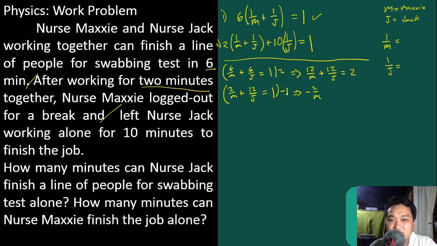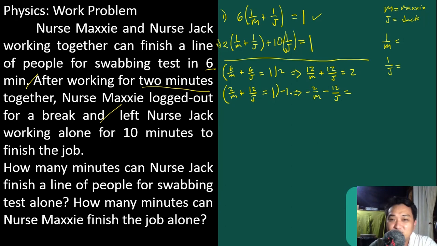So here we have 12 over J times negative 1. So that is negative 12 over J. By the way, ang intention pala natin dito is to cancel the J terms. Ayan. O yung 12 over J term.